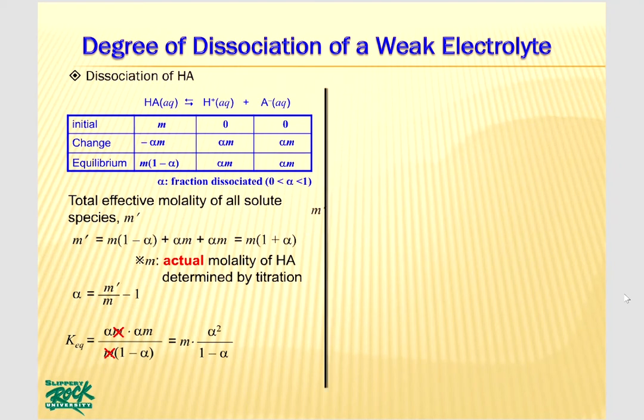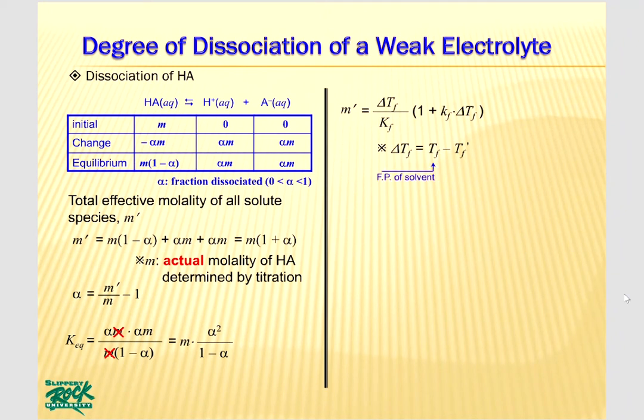M' can be calculated with experimentally determined delta TF using this equation. M' equals delta TF over uppercase KF times 1 plus lowercase kf times delta TF. Please take note that the freezing point depression delta TF is TF minus TF prime.